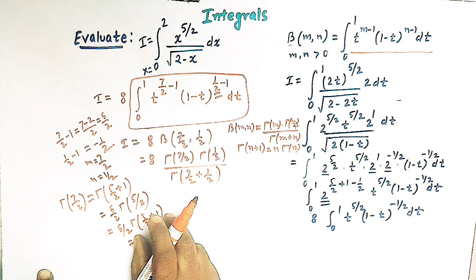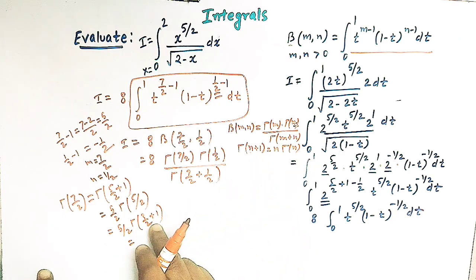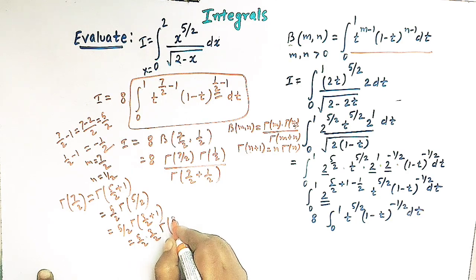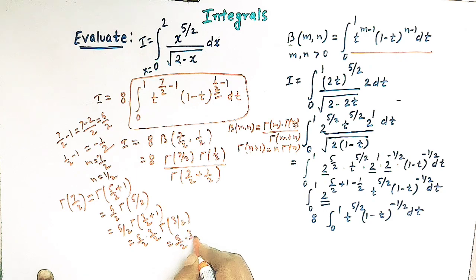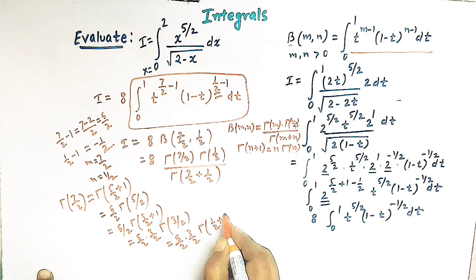So again applying this result, we have 5 over 2 times 3 by 2 and gamma 3 by 2. So let us further write gamma 3 over 2 as half plus 1.